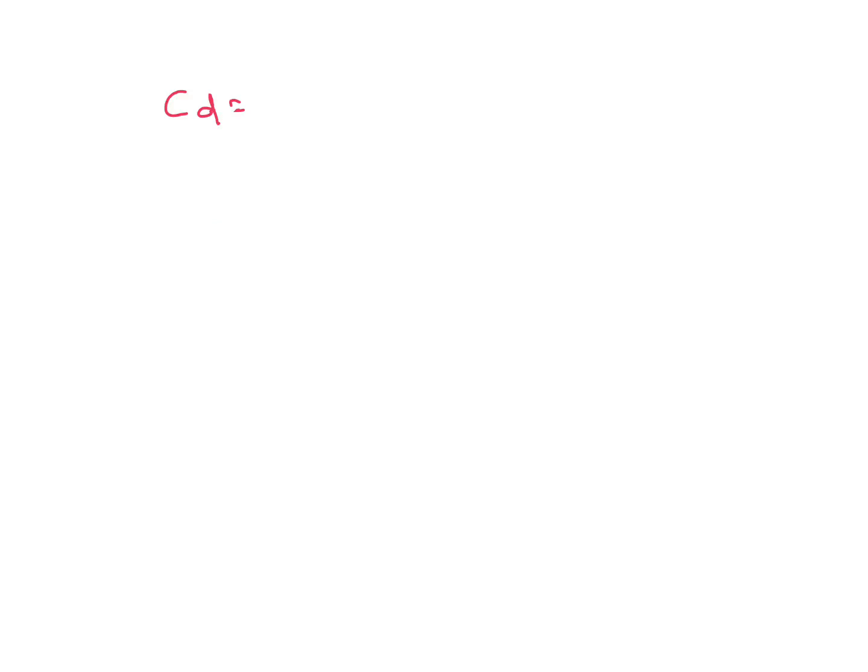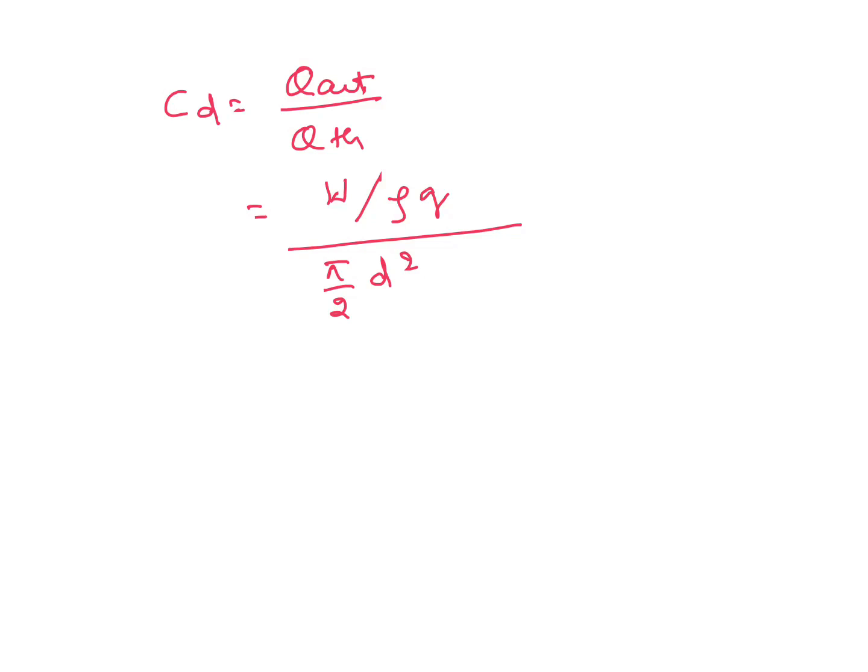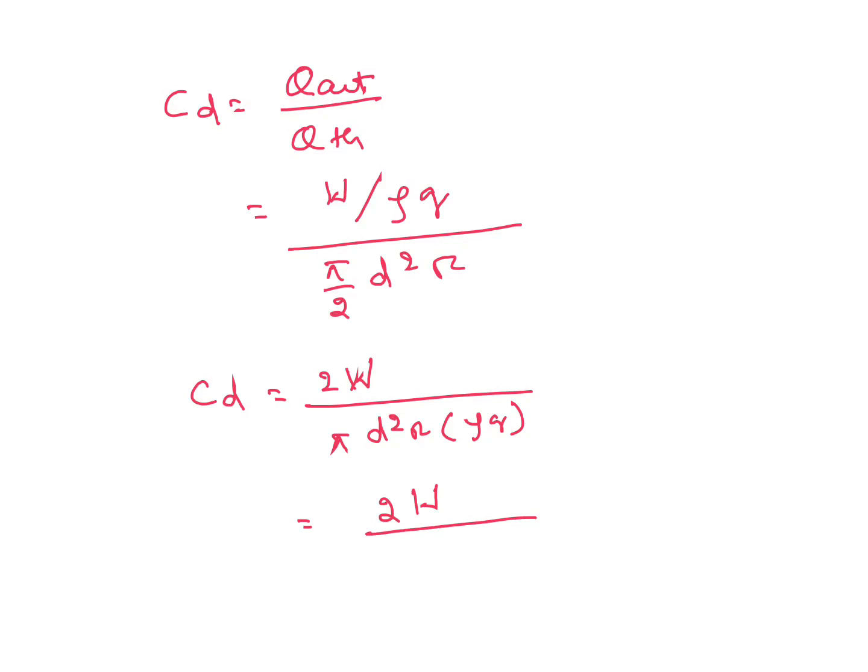CD equal to Q actual by QT. W by rho g divided by pi by 2 D square R. So finally CD equal to 2W by pi D square R into specific weight, which is rho g.